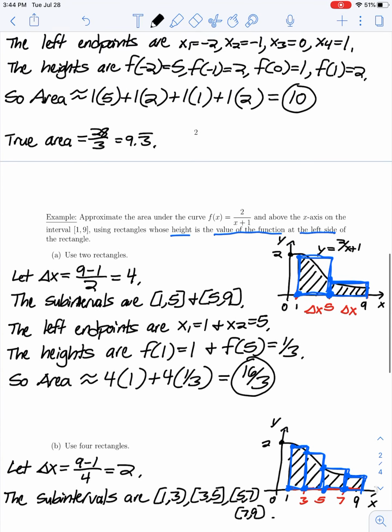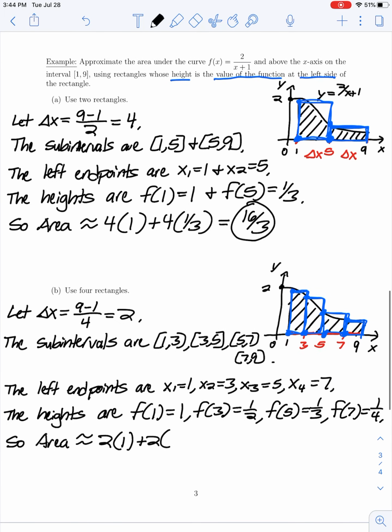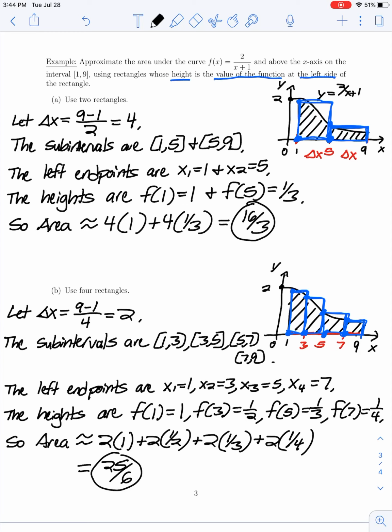So plus the base of the second one, 2, times the height of that second rectangle, which was 1/2, plus the base of the third, which was 2, times its height, 1/3, plus the base of the fourth, which was 2, times its height, 1/4. So we are left with, after simplifying, 25 over 6.